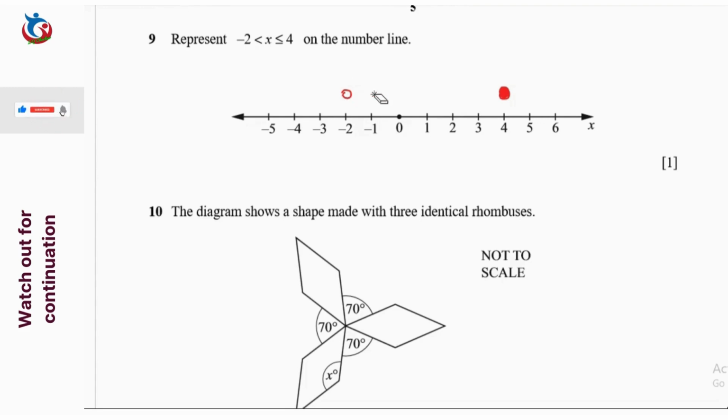Remember, you just have to grab your ruler and make it straight, and join it with this one. So this gives you -2 less than x and less than or equal to 4. And once you do this, you've gotten your correct answer.